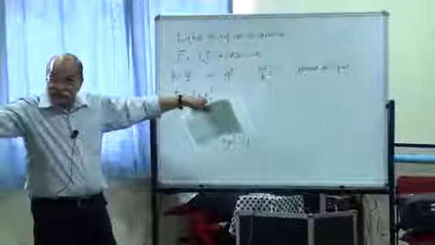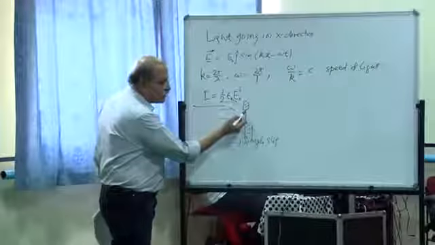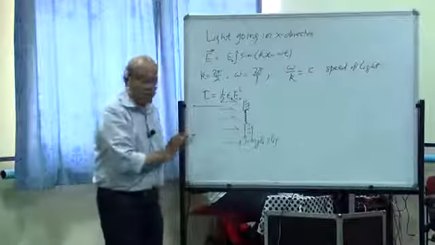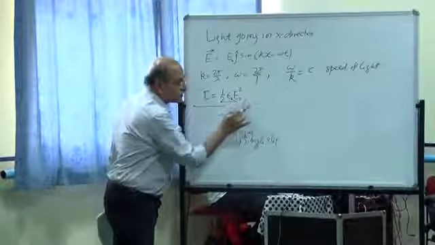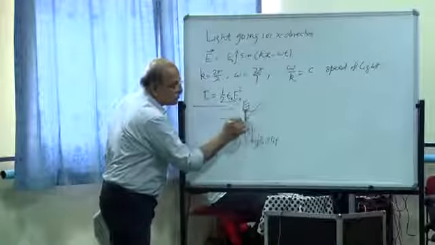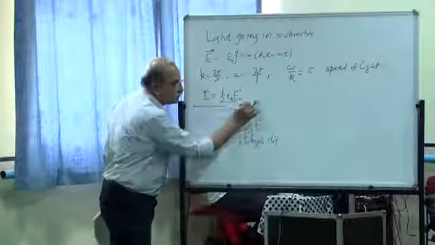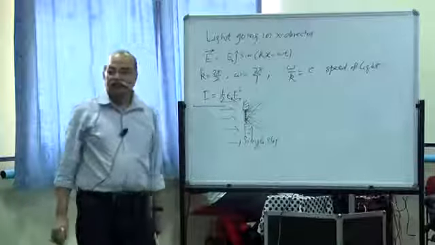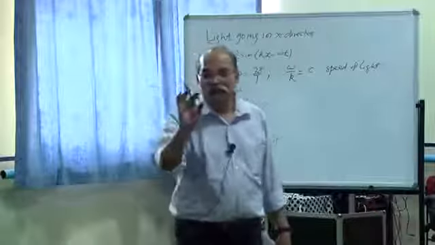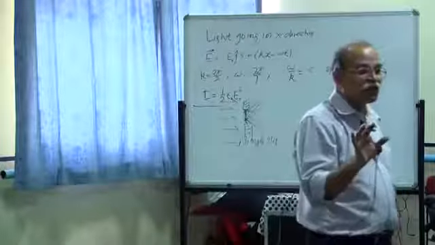Whatever is opened, treat that as small part, small part, small part, and from each part light is going in all directions. Okay. Initially light is going only in the x direction, but then part of it is obstructed and part of it is opened.